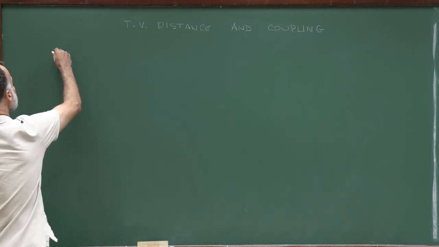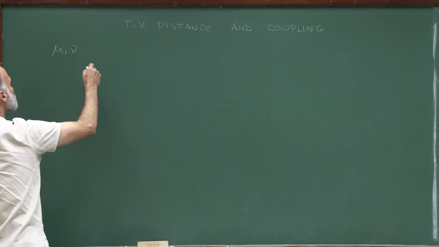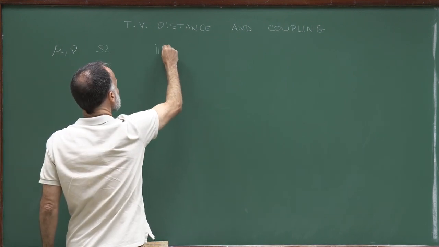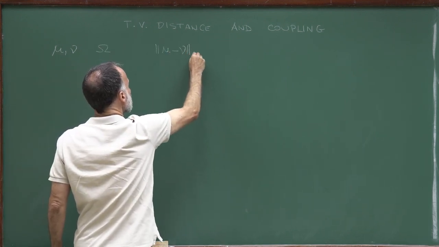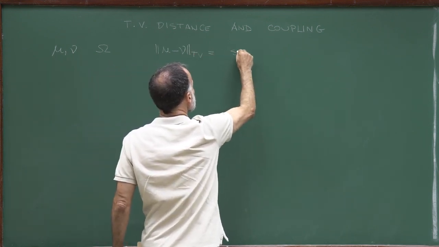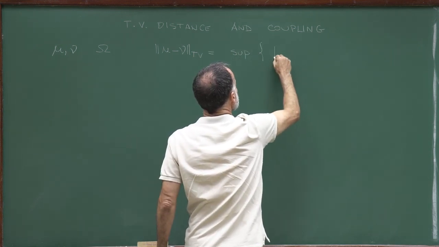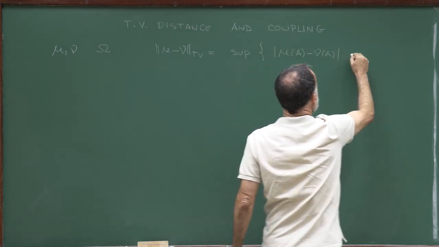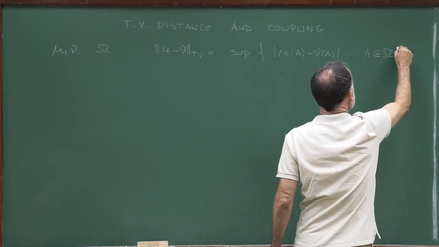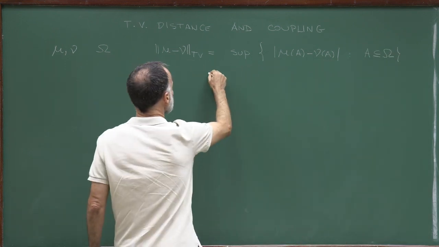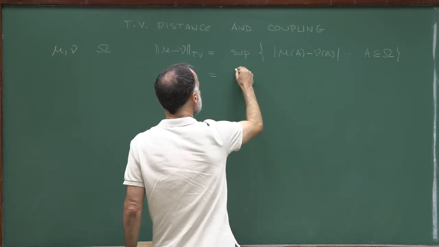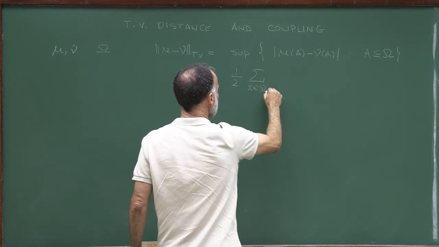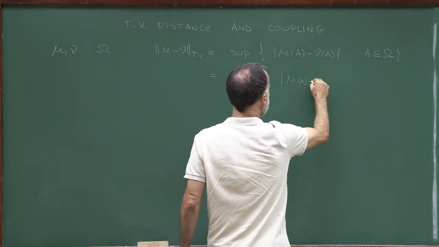Remember that if we have two probability measures mu and nu on a finite space omega, we define the total variation distance between mu and nu as the supremum, or the maximum, of mu(A) minus nu(A) for all subsets A in omega, and that we proved that this total variation distance can be written as 1/2 of the sum over x in omega of |mu(x) minus nu(x)|.